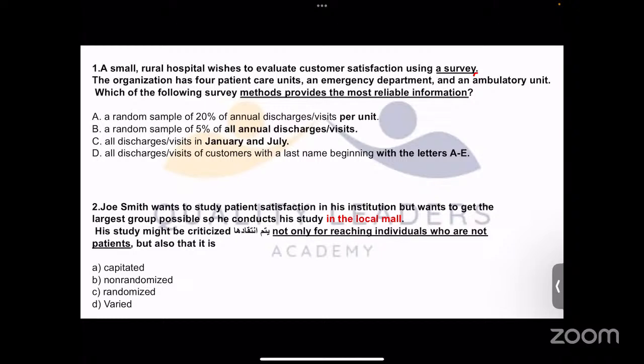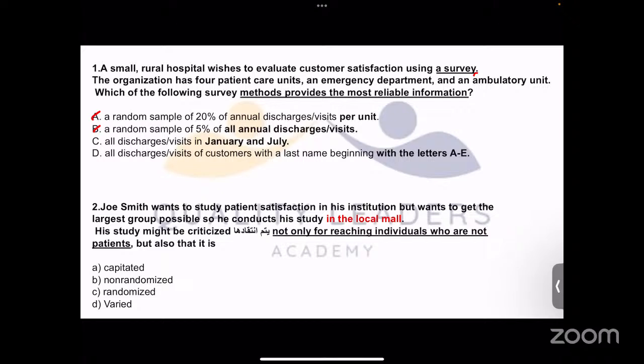In here, A and B are both good because in A and B we are selecting a random sample, and the random sample is always the best sampling method, which is probability sampling. So the answer must be either A or B.